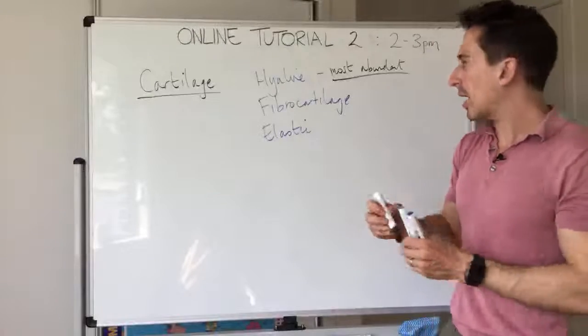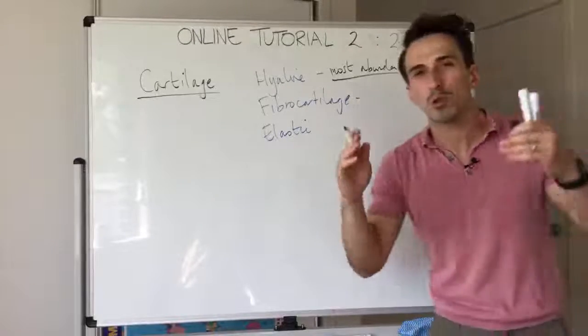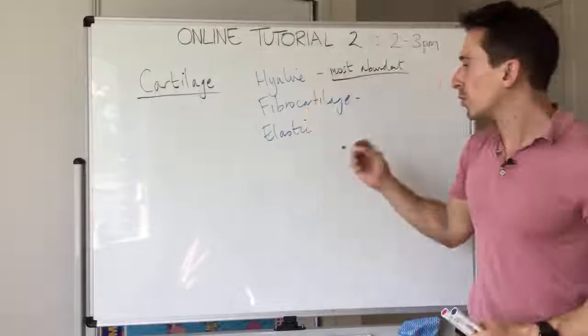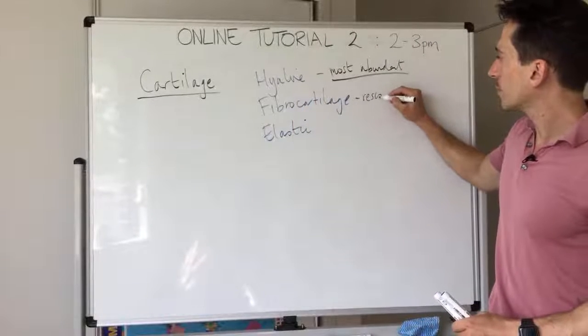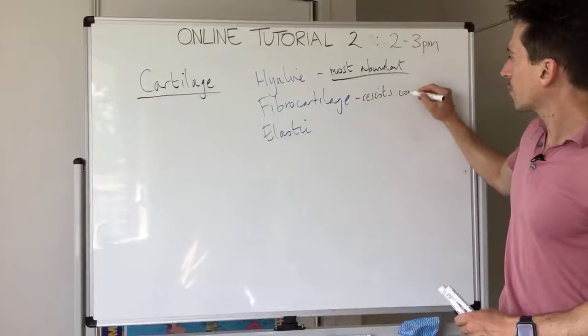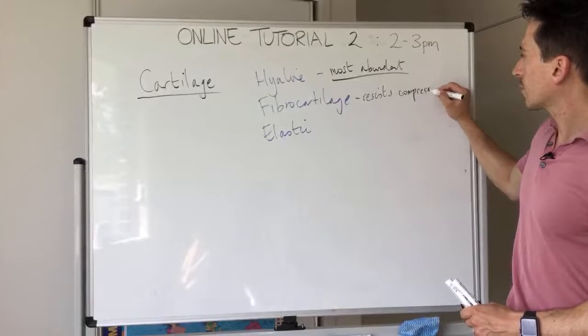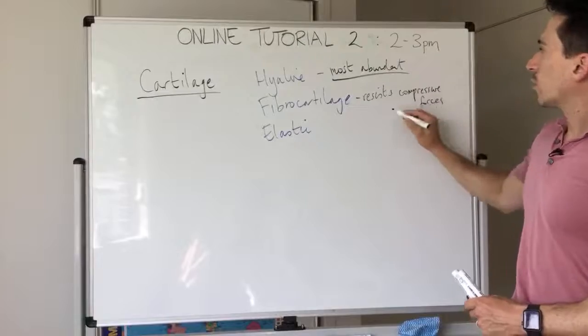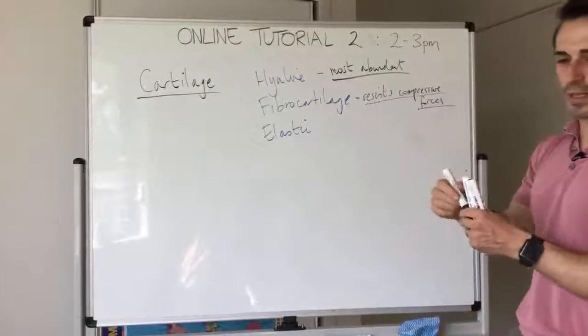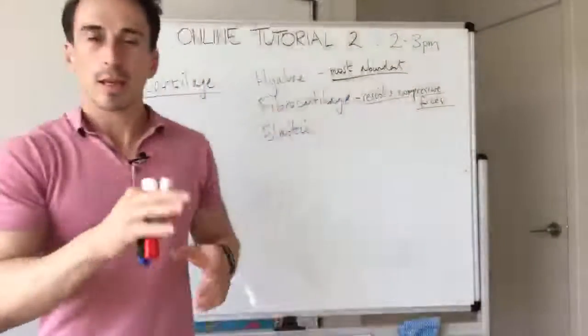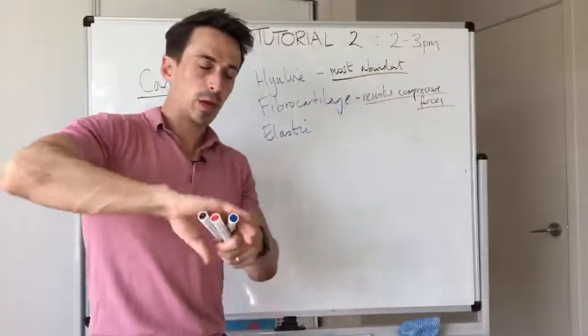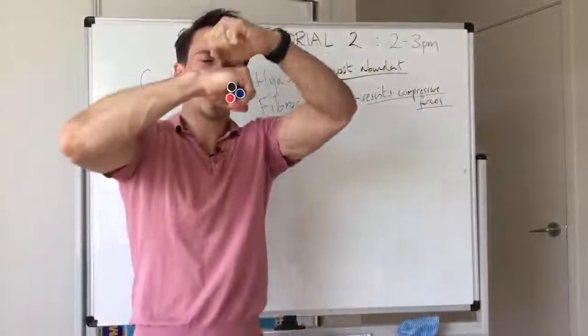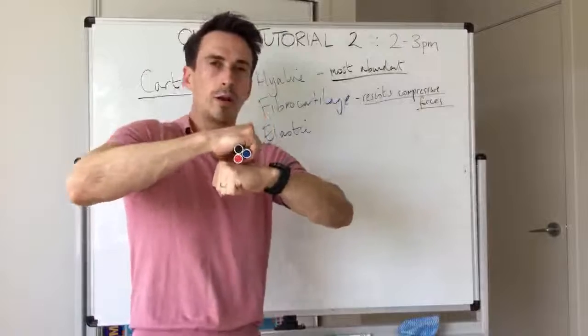Fibrocartilage. Now fibrocartilage is found in areas that need to resist compressive forces. What does this mean? Right, think about your vertebrae. You're going to have one vertebra, another vertebra, another, and another.